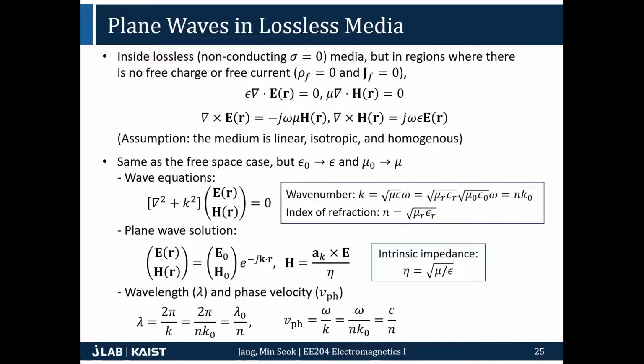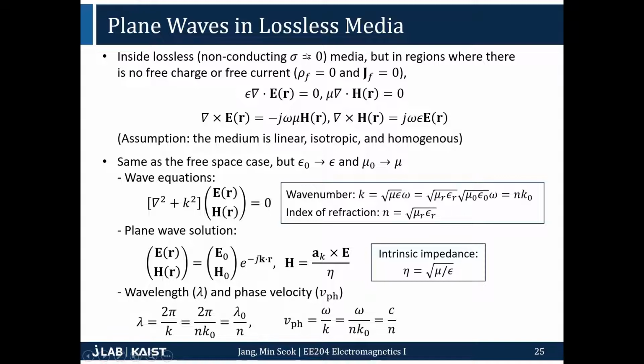Okay, so before we finish, I just want to go through one more slide, this one. Now we move on to the regime where we have a material. We first want to deal with lossless media, which means the conductivity of the material is 0. Why does conductivity matter?